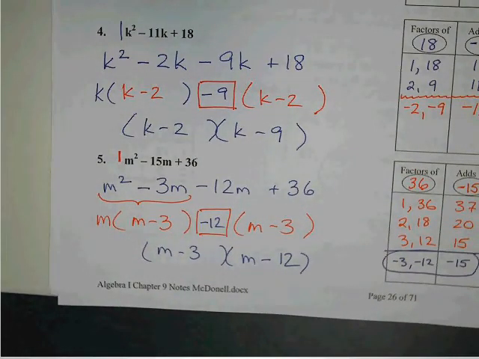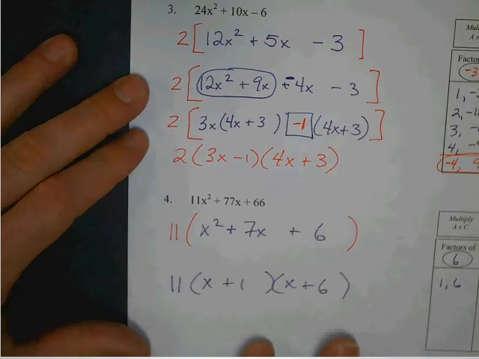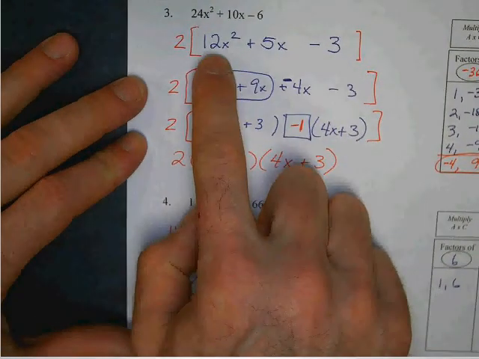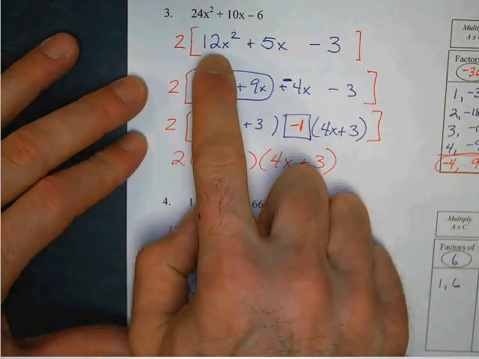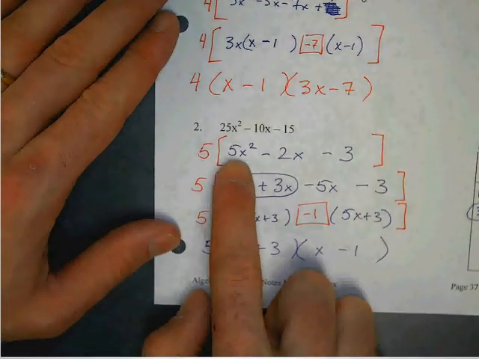Now, when does this work? When the x squared has what kind of number in front of it? A 1. When doesn't this work? When anything else in front. Does that make sense? So as we look back here, why didn't this shortcut work up here? Because there's a 12. Why didn't the shortcut work on number 2 on the front page?